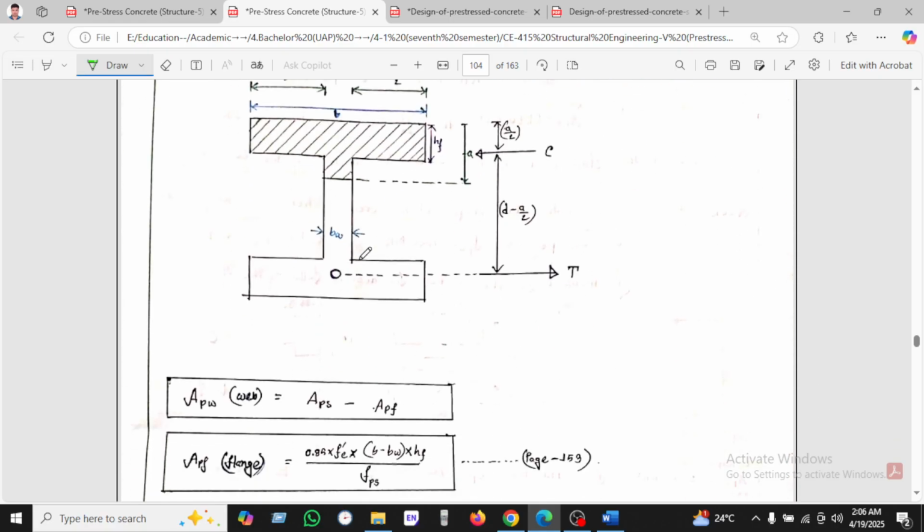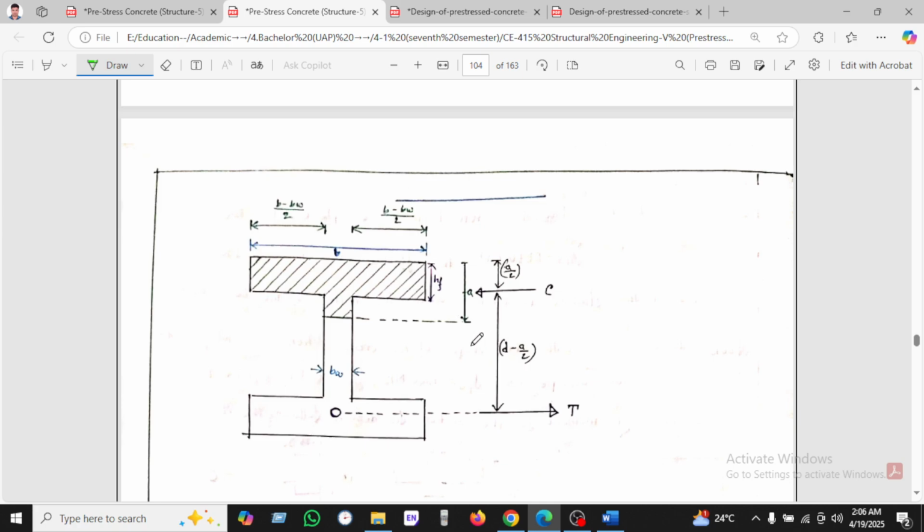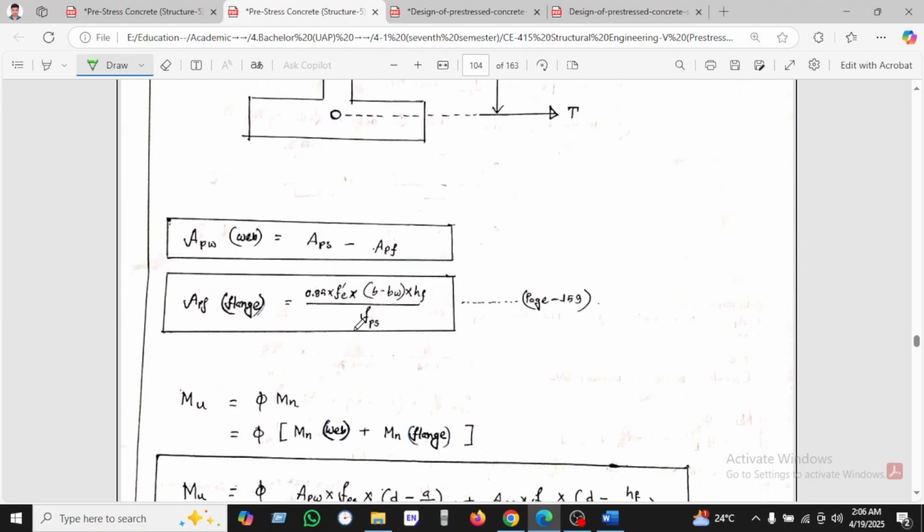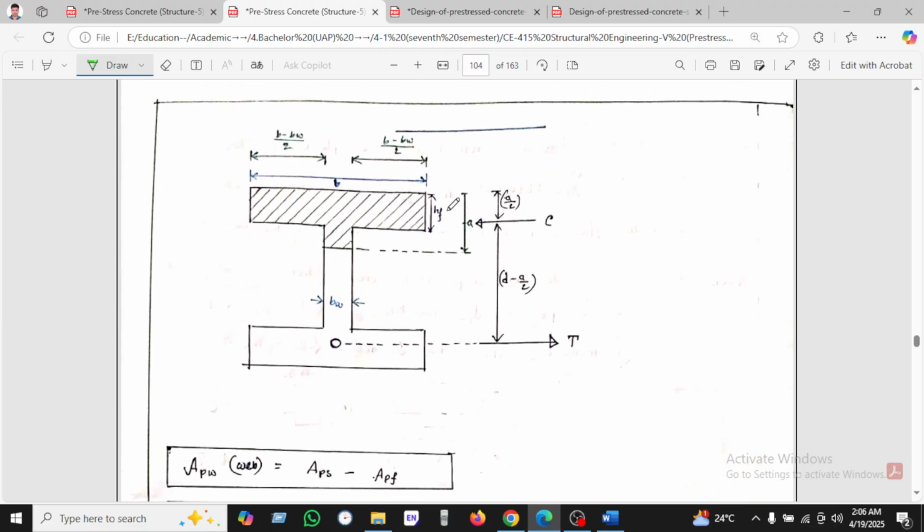Okay, so you can see here the diagram is given. If we see here, this is the flange thickness, this is the block, and this is the width of the flange, (b minus bw) divided by 2, and d minus a by 2. This is the compression load, this is the tension load.